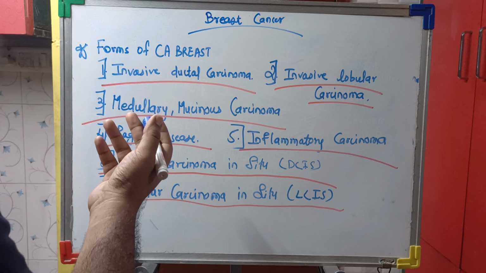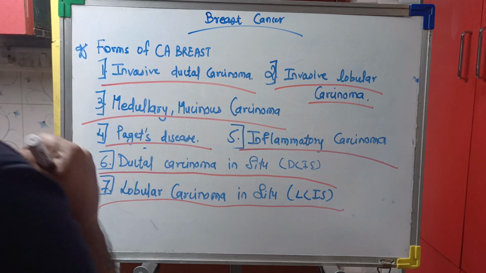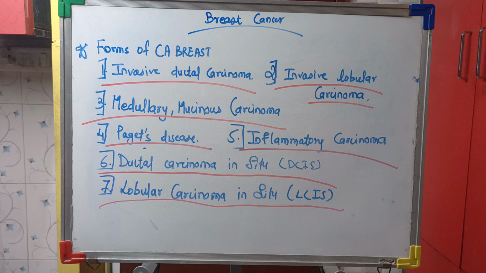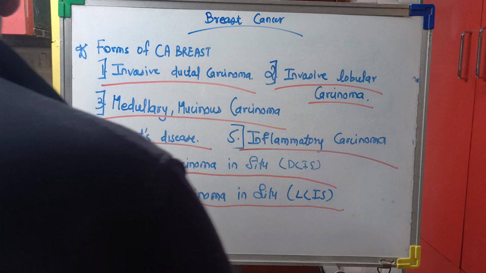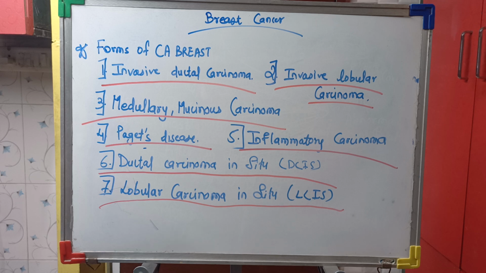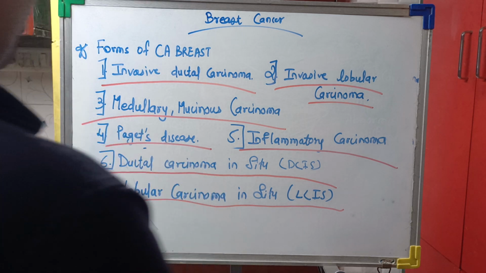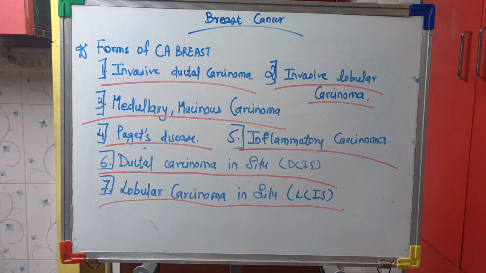There is a dark colored ring present, so it can spread to the areola also, and it occurs in 1%. The fifth one is inflammatory carcinoma, which is the most aggressive and difficult to treat, and it spreads rapidly. It is 1% of cases.